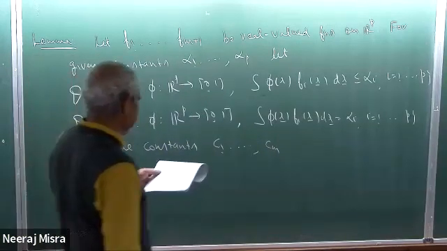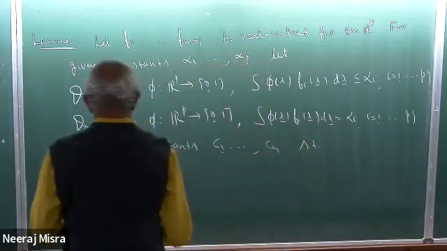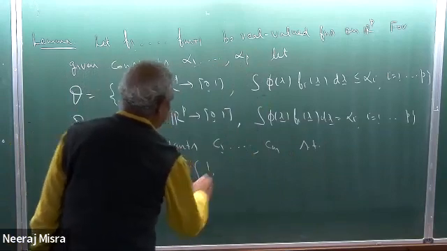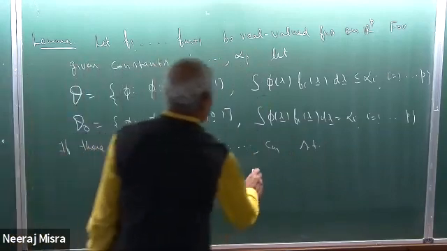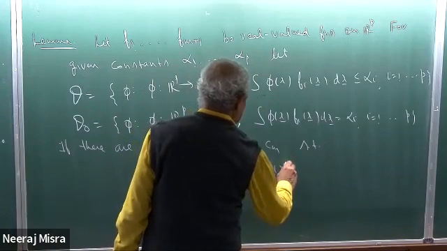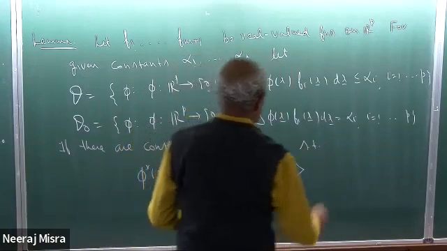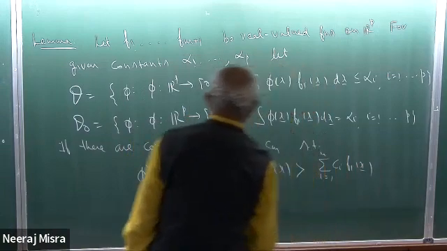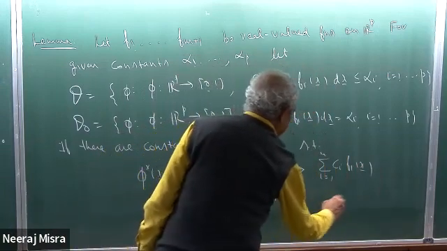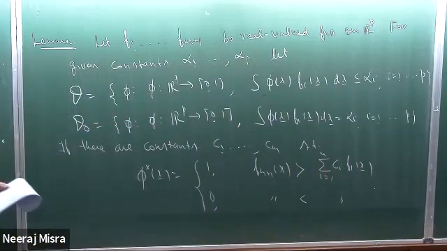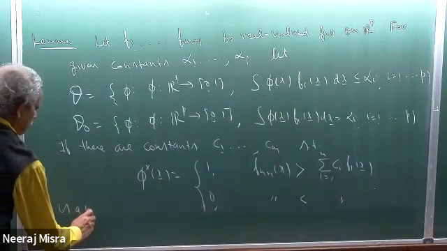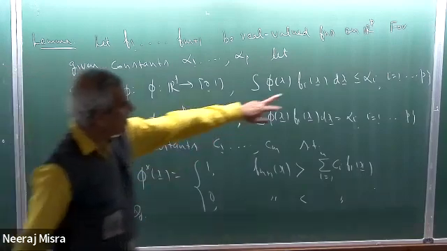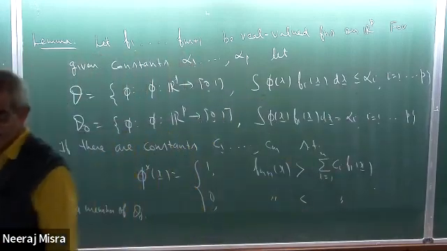So if there are constants C1, C2, up to Cm such that phi star x is 1 if Fm plus 1 x is bigger than summation i equal to 1 to m Ci Fi x, and 0 if Fm plus 1 x is less than or equal to this, then phi star is a member of D0, that means its level is less than or equal to alpha.